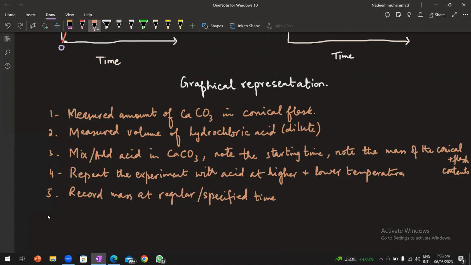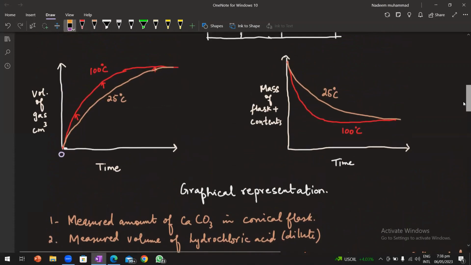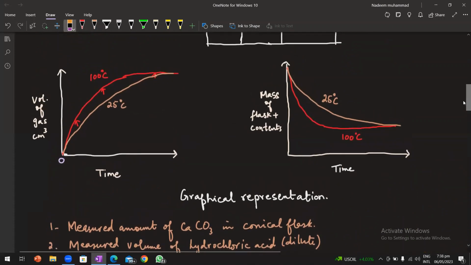And then in the end, you can explain it by plotting the graph, or you can show the graphical representation like I have shown you, showing the difference in temperature, the graph that you will get at higher temperature and lower temperature.